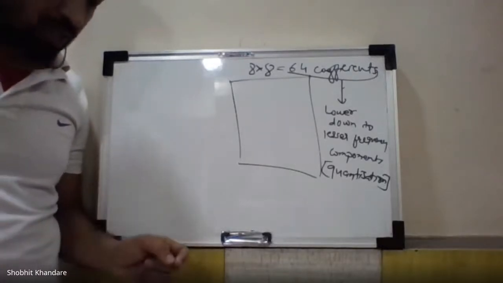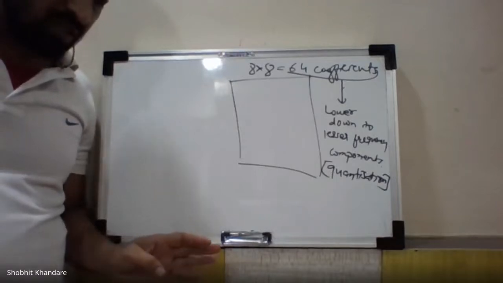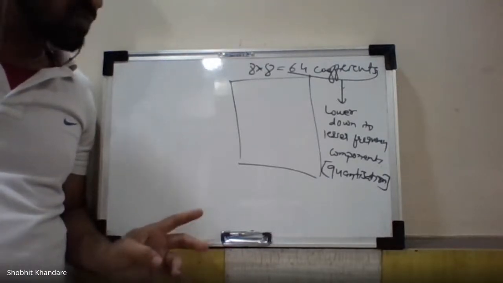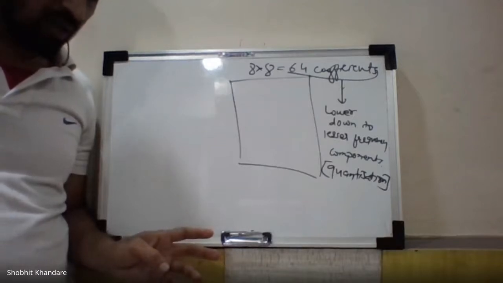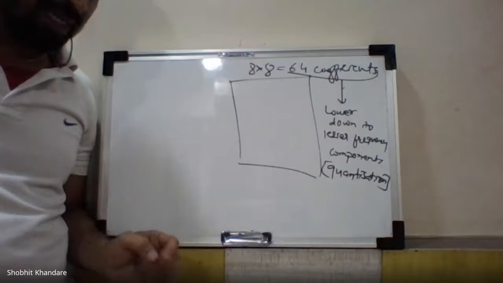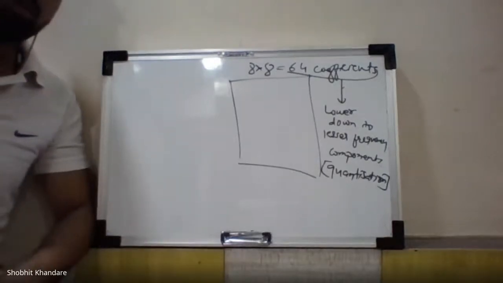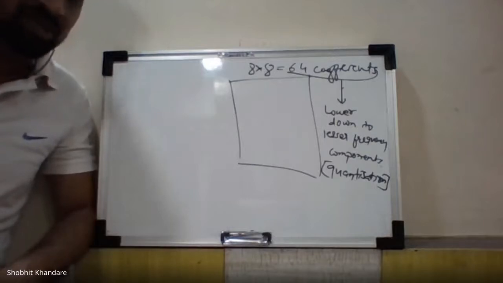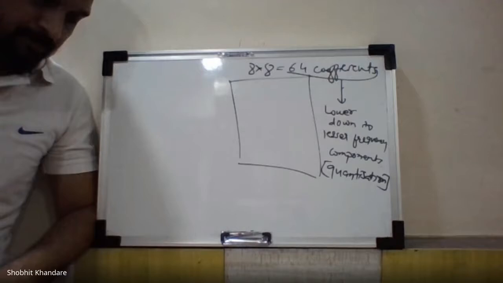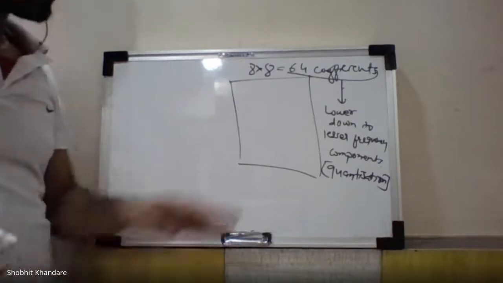In the quantization, you can just write down: thus generated 64 coefficients are further quantized to reduce their magnitude, and in brackets write this compression. So this is about the quantization.